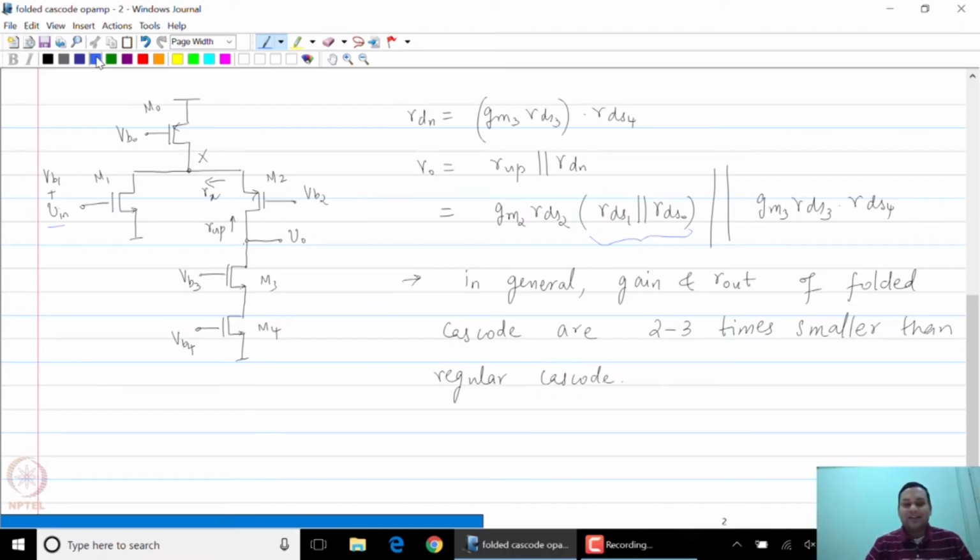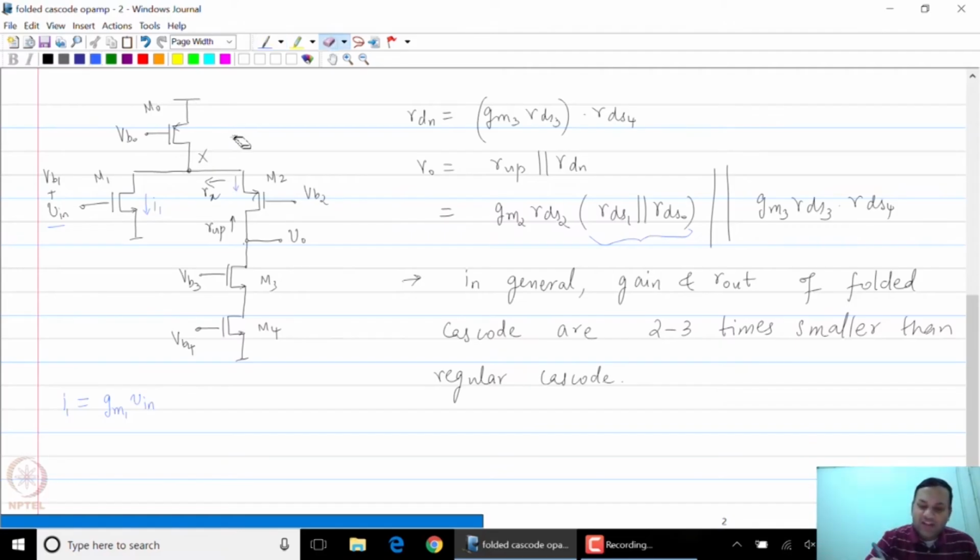So when I apply this V in between the gate and source of M1, you will have a current I1 flowing through M1. I1 should clearly be GM1 times V in. And this I1 has 2 paths to flow. The first path is through transistor M0. The second path is through transistor M2.